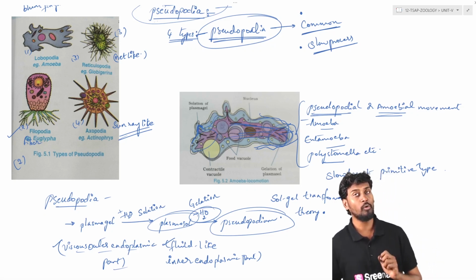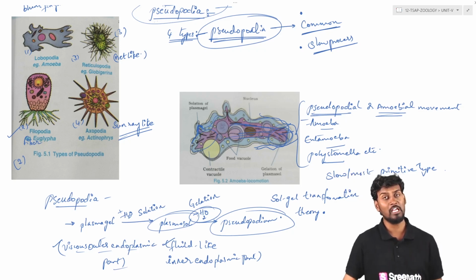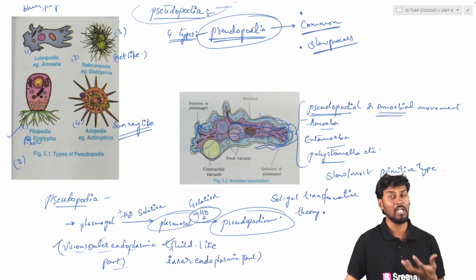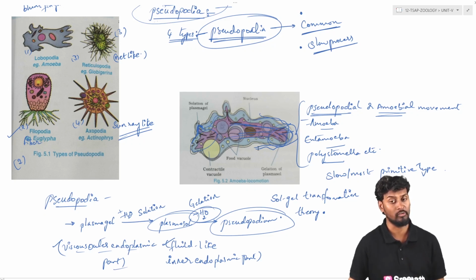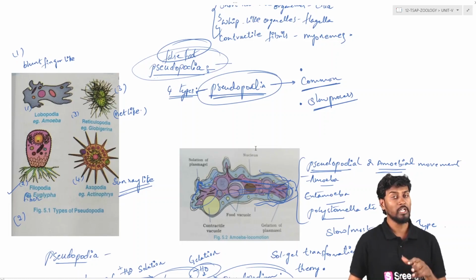So pseudopodia is a very common kind of process generally observed in protozoans, and it is a very slow and the most primitive type of locomotion observed in protozoans.